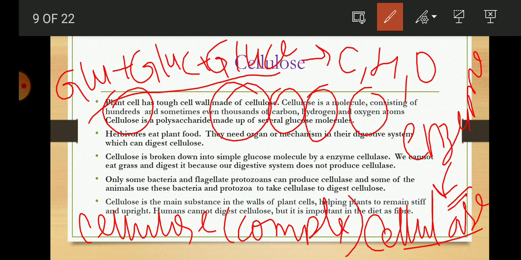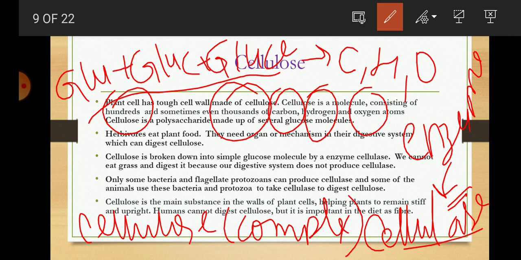So that is why, students, cellulose is digested only by the grass eating animals, not by human beings. In the human case, we cannot digest cellulose, but we eat plant products, but we can't digest it.